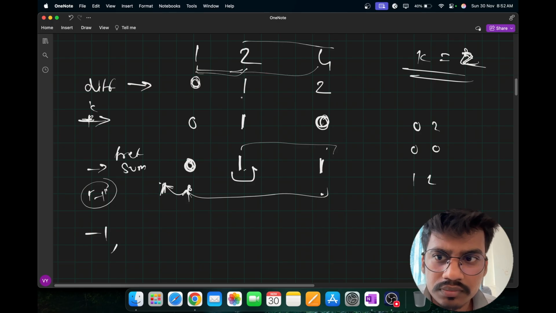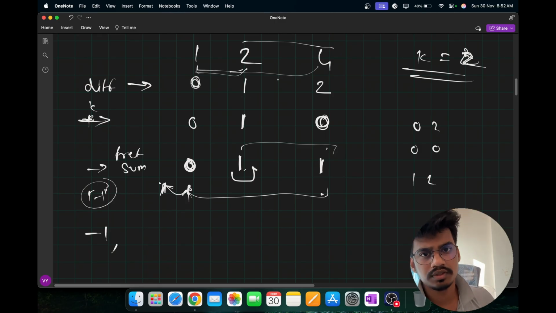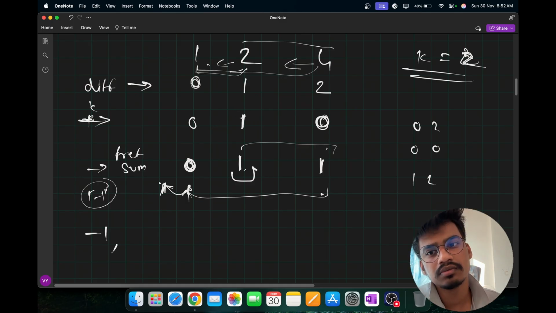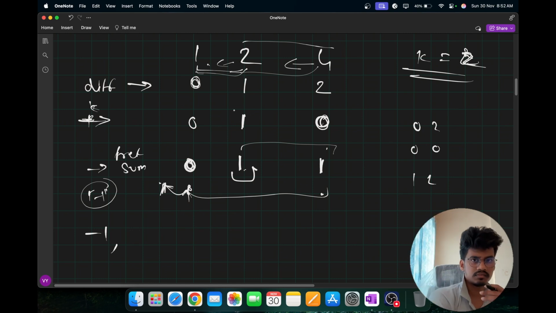Difference is 2, difference is 1. Now here I'm dividing it by k. So I'm dividing the difference by k.